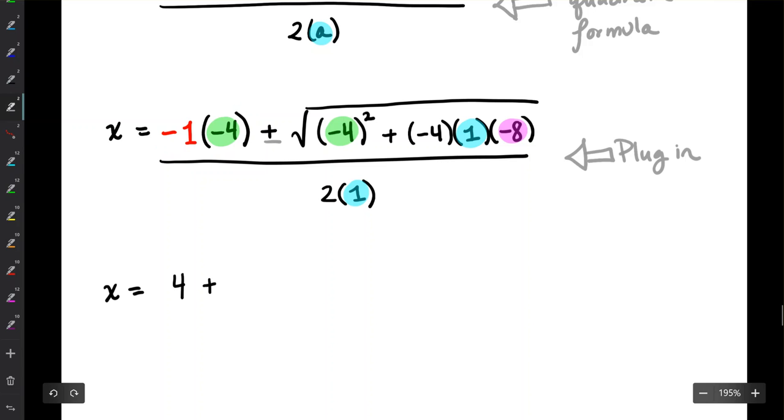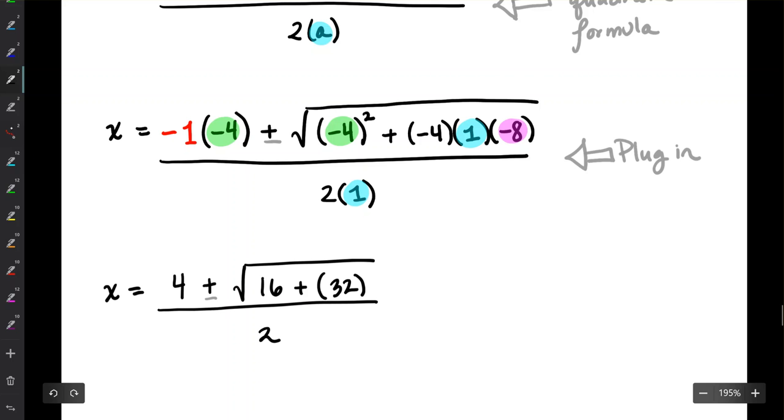Plus or minus the square root of -4 squared is a +16. That's -4 times -4. Plus, and then what's this answer? -4 times 1 is -4 times a -8 is a +32. All over 2 times 1, which is 2.